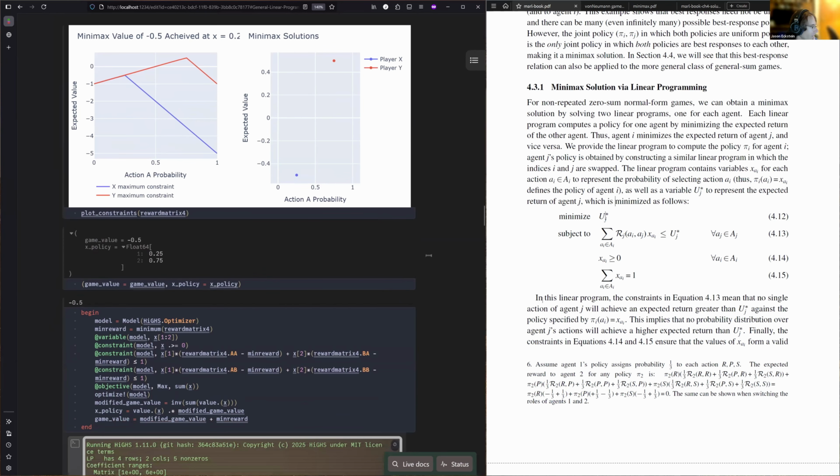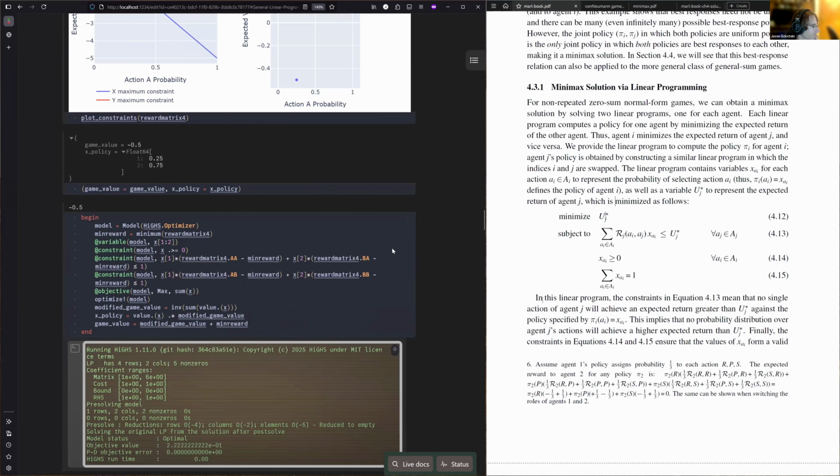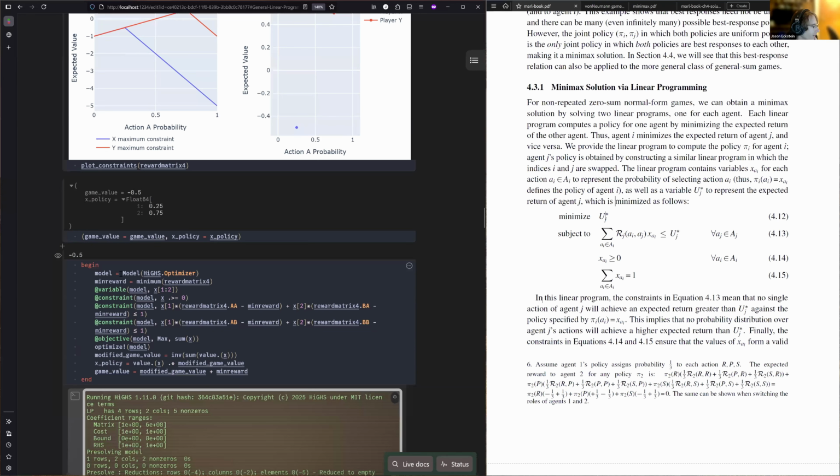Now here I'm just using one of the many linear programming solvers that you could use, and I'm modifying the matrix here, but the constraints I'm writing down, because this is 2 actions, right, there are 2 constraint equations here, less than or equal to 1.